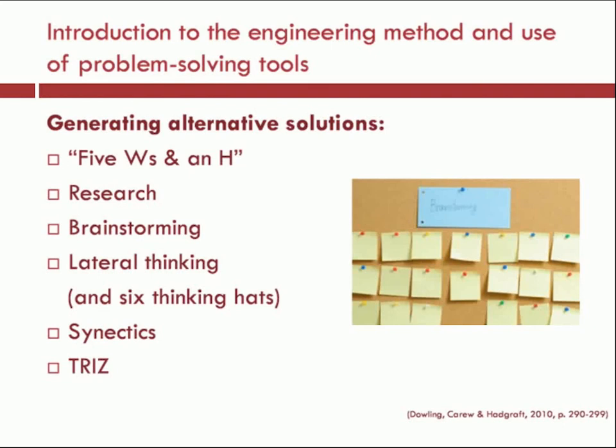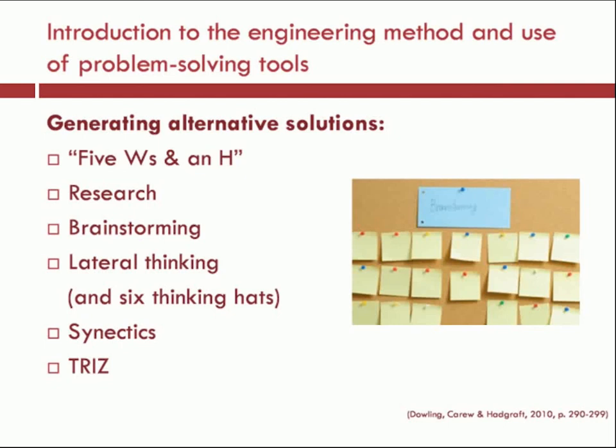But if it is a challenge for us, some of the approaches you see on this slide, the 5 W's and the H, research, brainstorming, lateral thinking, synectics, and TRIZ, can help us generate, one, creative solutions, and two, solutions that take us out of our linear thinking approach.